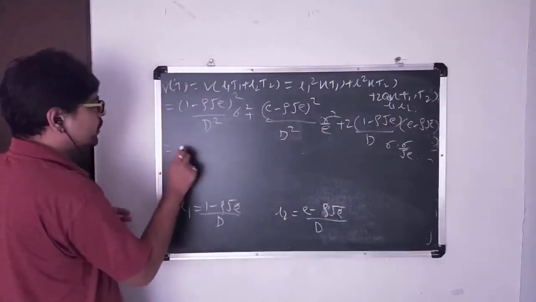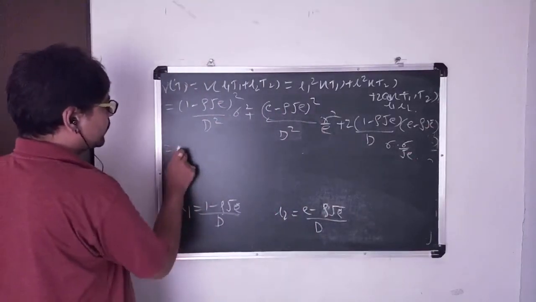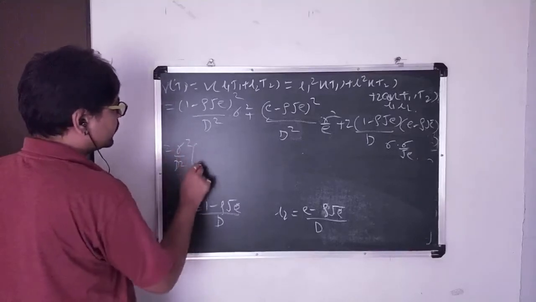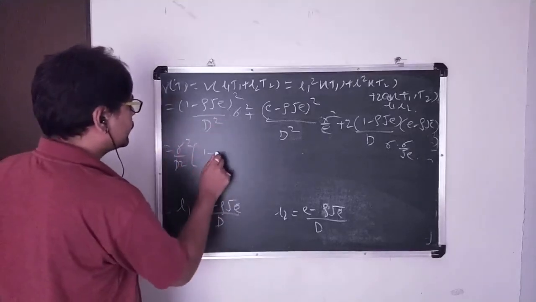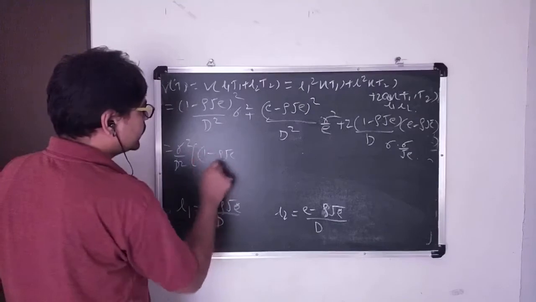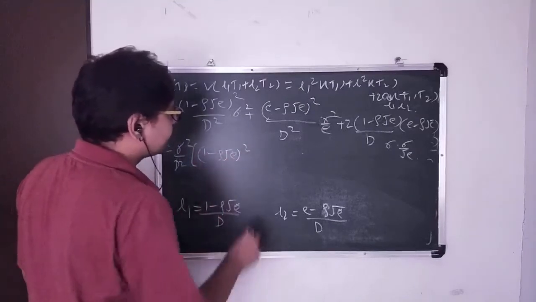So now take sigma square upon D square outside the bracket. Here remains 1 minus rho root E bracket square.